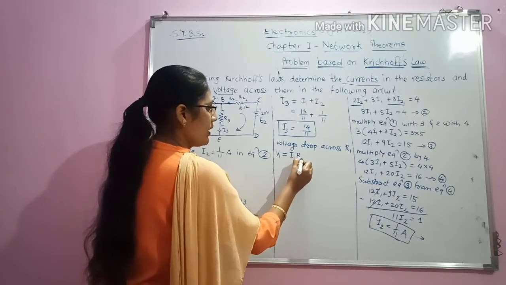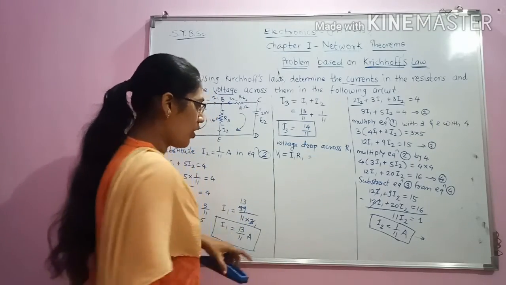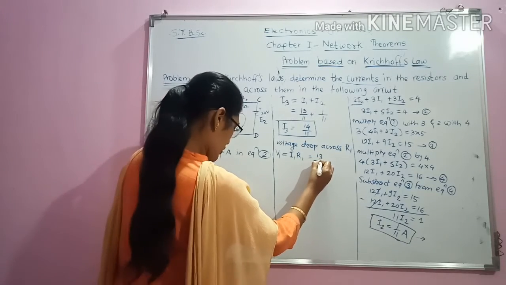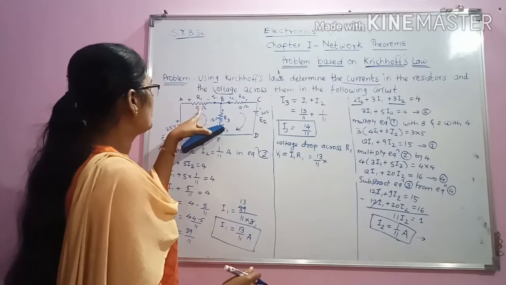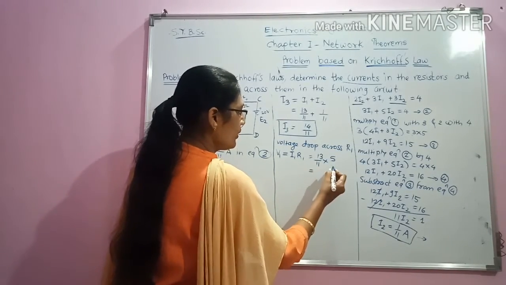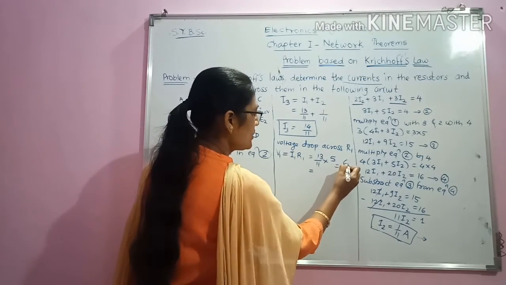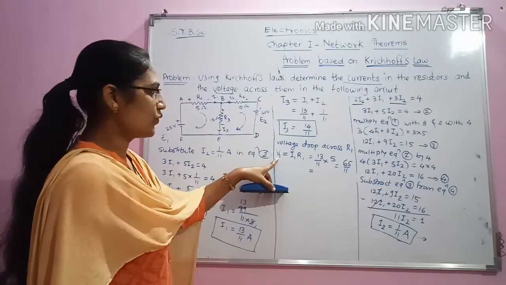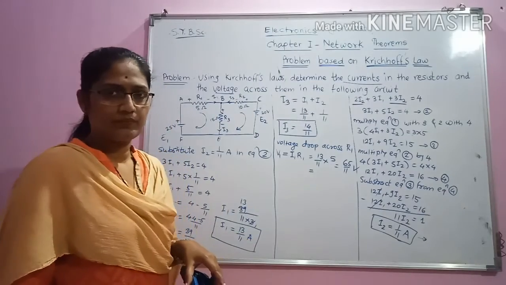Now substitute the value of I1. We have obtained the I1 value as 13 upon 11 into our R1 value, which is 5. So its value comes out as 65 upon 11, and as it is a voltage drop, its value is in volt.